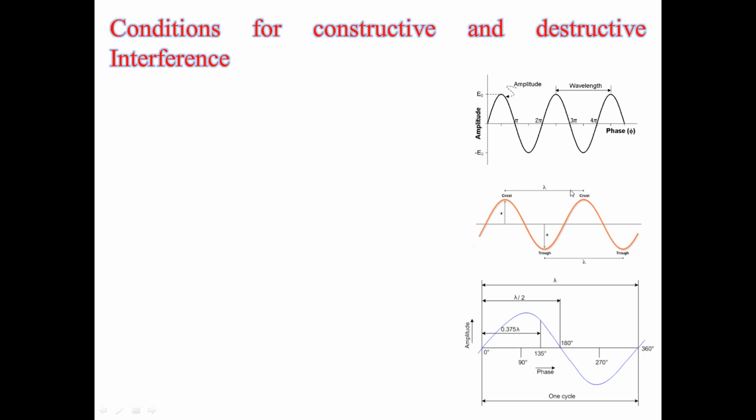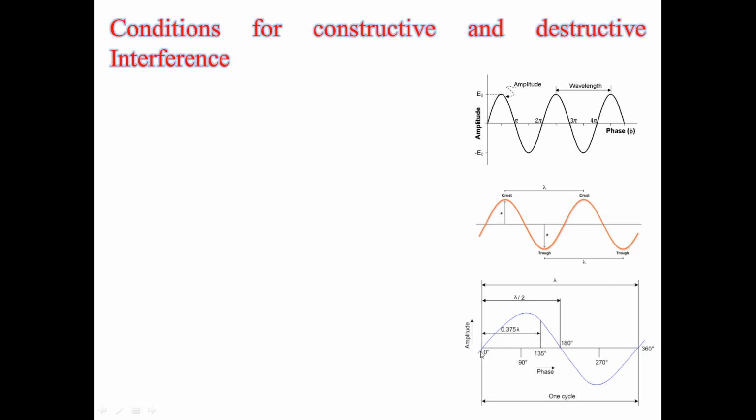The distance between two consecutive crests or two consecutive troughs is lambda, that is the path difference between two consecutive crests or two consecutive troughs.